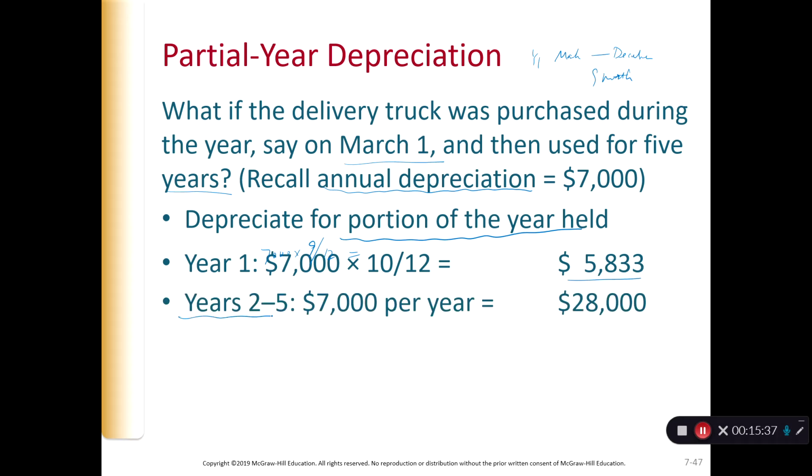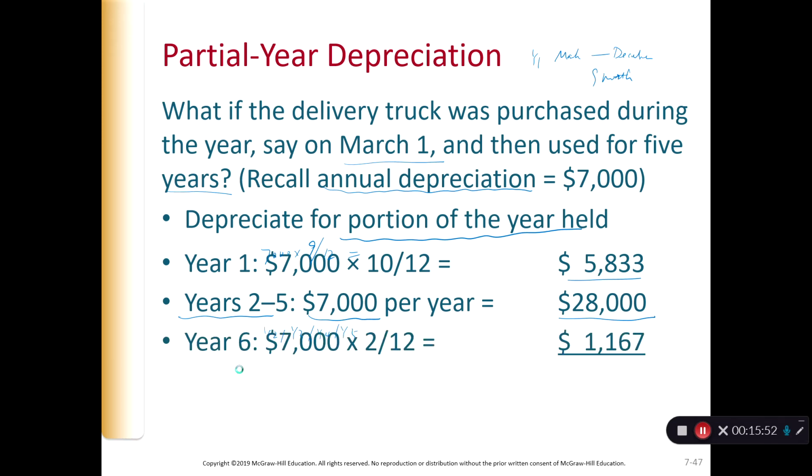Year 2 to year 5, you have to depreciate the full $7,000 per year for 4 years, right? Year 2, year 3, year 4, year 5, these 4 years, and in year 6, you will only depreciate the 2 months that are left, right?